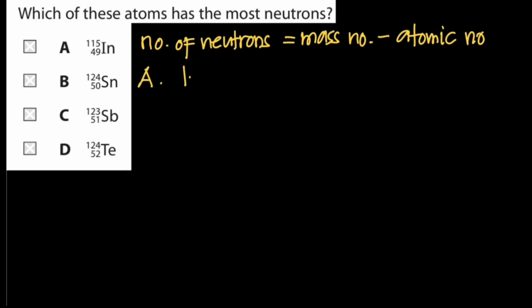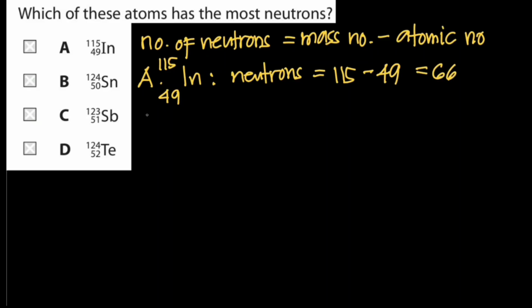Option A, we're given here indium with atomic number 49 and mass number 115. So the number of neutrons here is just equal to the mass number, which is 115, minus 49. So this is 66.